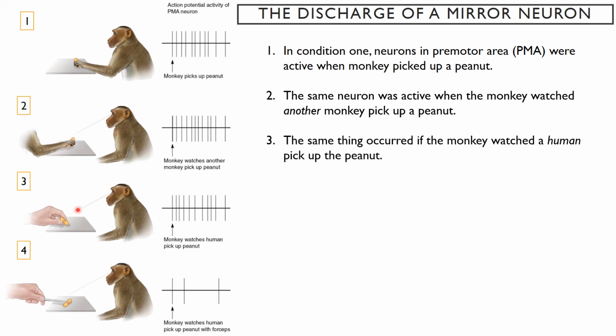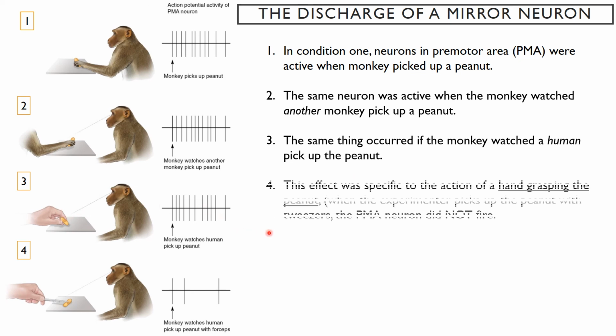The same thing occurs when it watches a human pick up the nut. But this is interesting because it's really specific to the hand grasping the peanut. Because when an experimenter uses a very different kind of muscle control, where there isn't a hand grasping a peanut, instead you're using tweezers that are grasping the peanut, the premotor neuron does not fire under these conditions. So it seems to be very specific to these kinds of conditions.